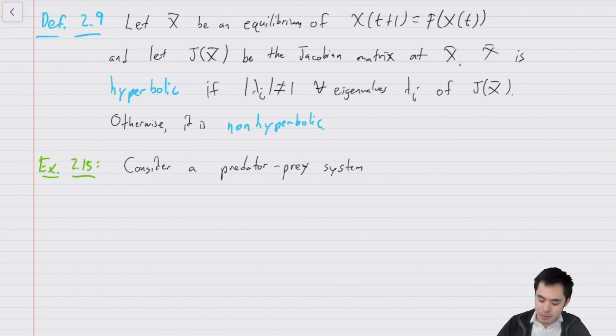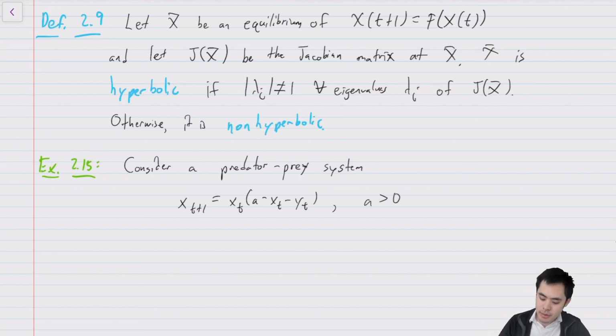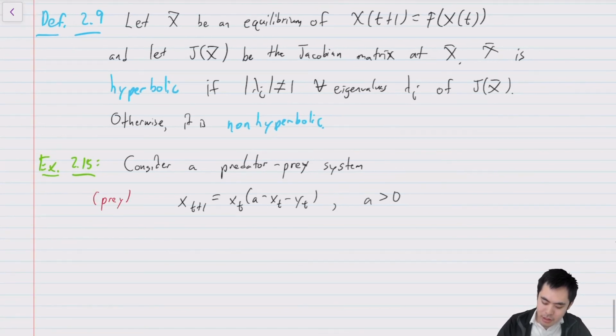So if we write this mathematically, we have x sub t plus 1 is equal to x sub t times (a minus x sub t minus y sub t). So this is logistic growth for a greater than 0. This is one of the variants of logistic growth. So this here is our prey. It tries to grow logistically, but you'll notice that we have this y of t term, which is going to be our predator, which is going to be eating it up.